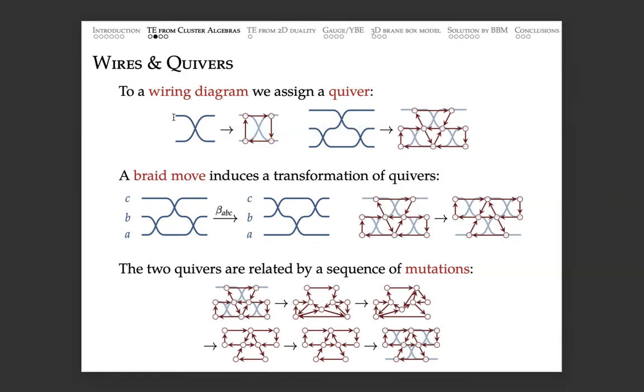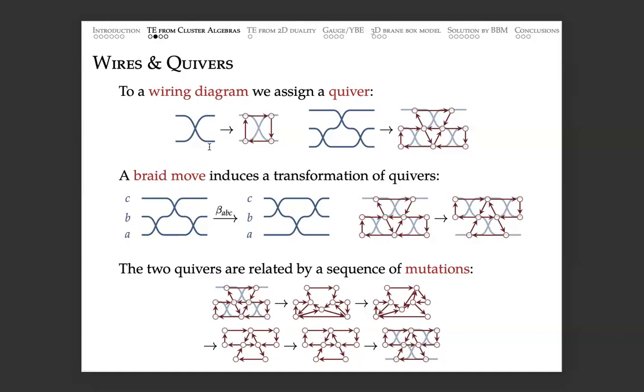The blue curves here are called wires. So in the first diagram, you have two wires intersecting. When you're given this kind of wiring diagram, what we do is assign a quiver to it.